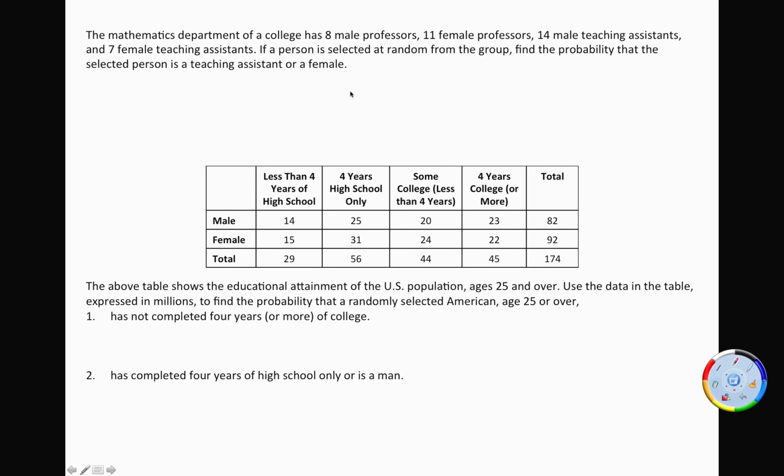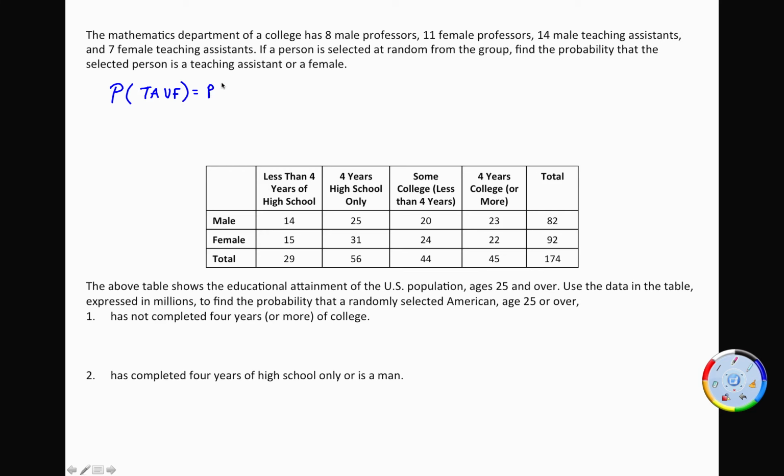Okay. The mathematics department at a college has 8 male professors, 11 female professors, 14 male teaching assistants, and 7 female teaching assistants. If a person is selected at random from the group, find the probability that the person is a teaching assistant or a female.